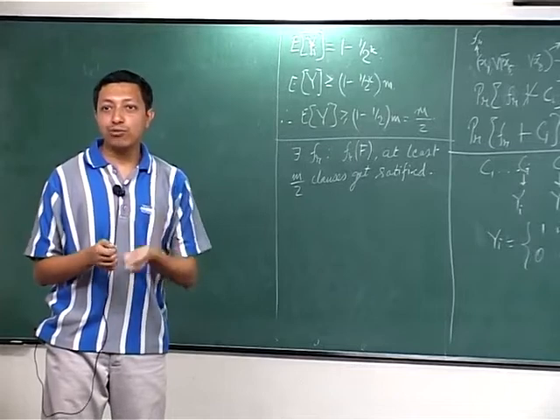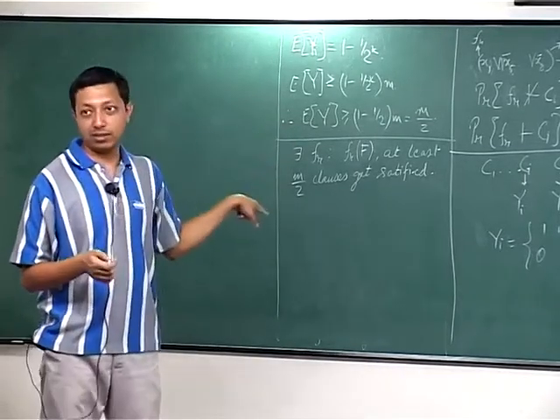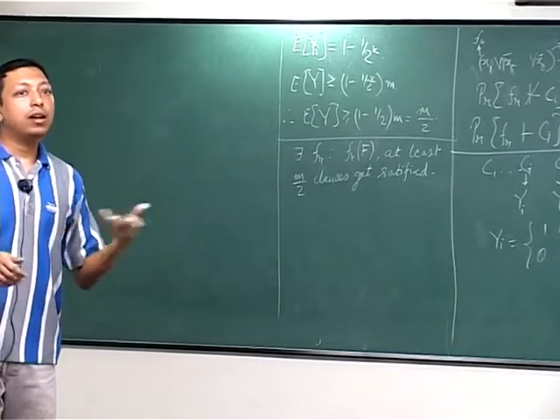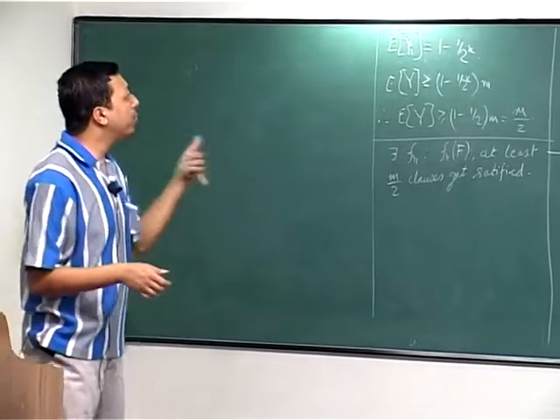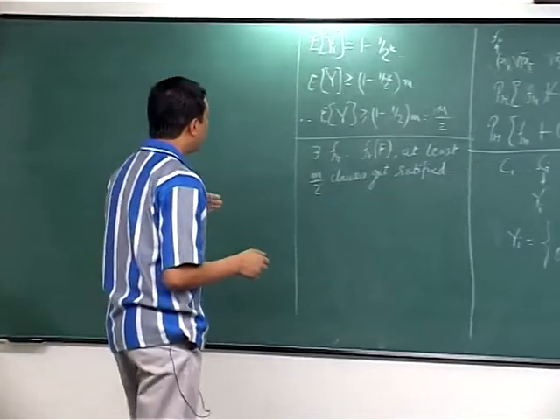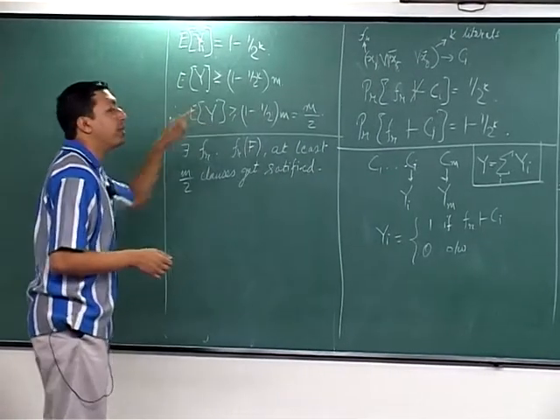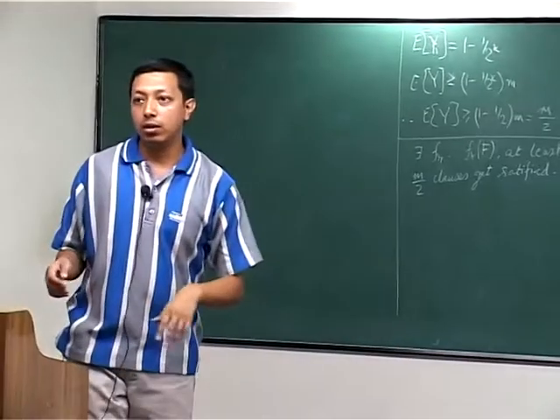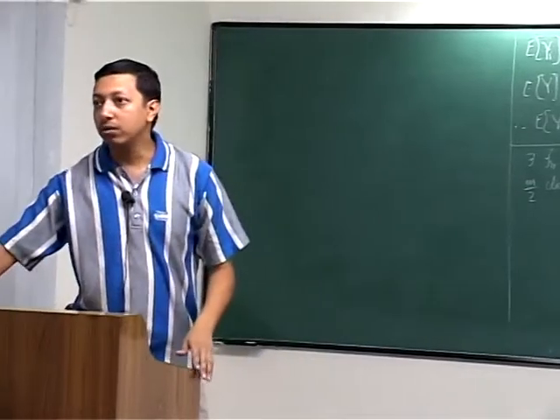Your algorithm will do exactly what the proof does. You take a random assignment, and if you don't have m by 2, then you repeat. What this expected number means is that by repeating a very few number of times, you will get an assignment which has m by 2 satisfying clauses.